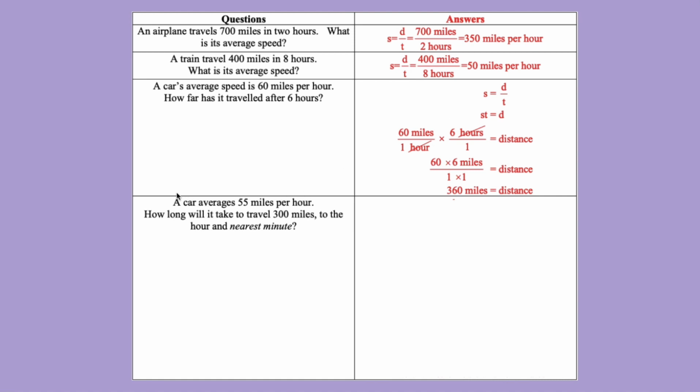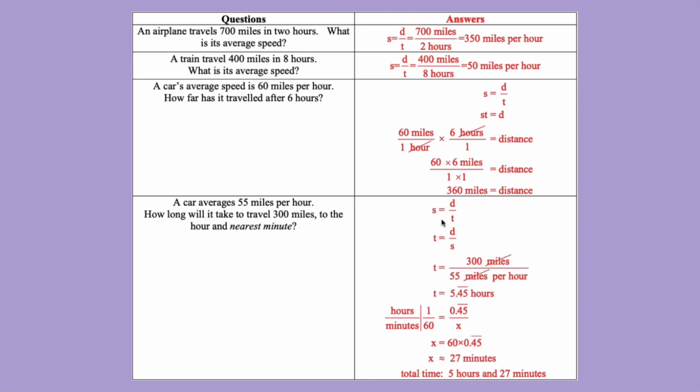So here, our last question says, a car averages 55 miles per hour. How long will it take to travel 300 miles to the nearest minute? So we're given our speed and our distance, and we have to find our time. So here, we have time equals distance over speed. They divided 300 by 55.